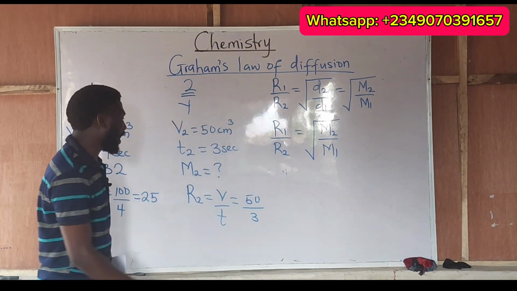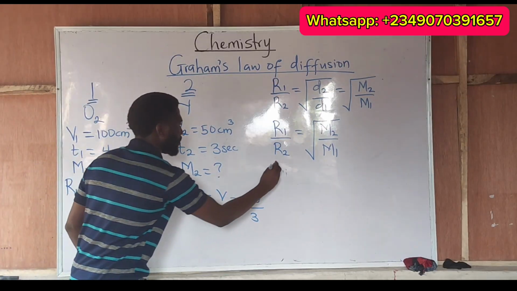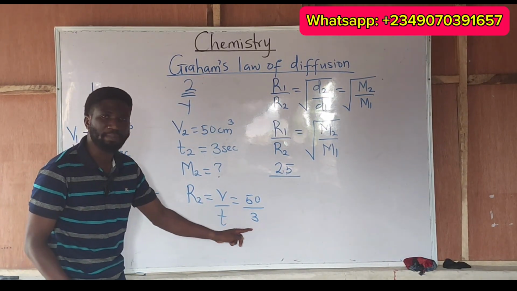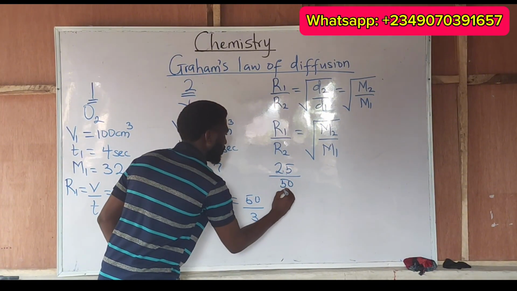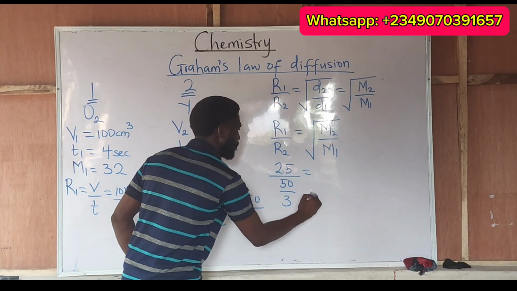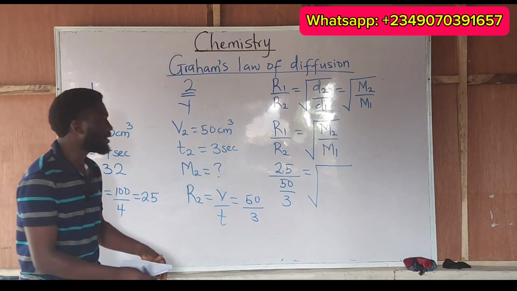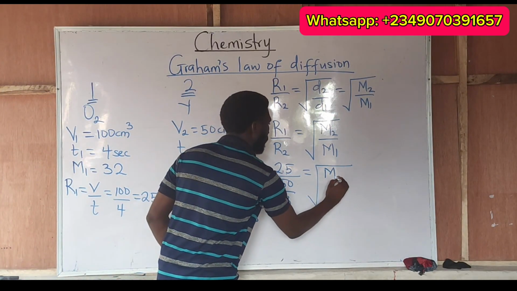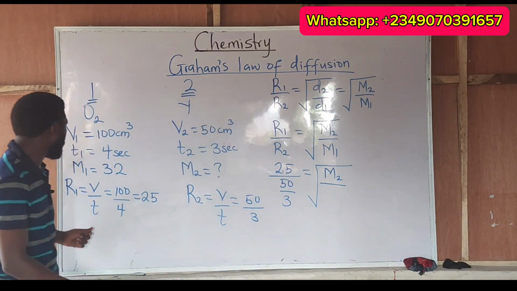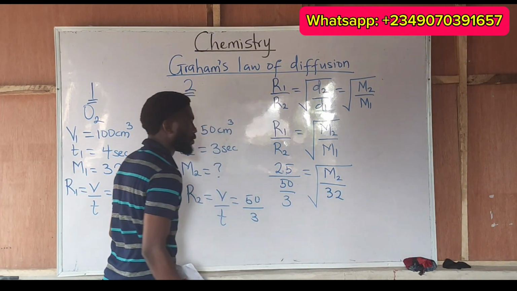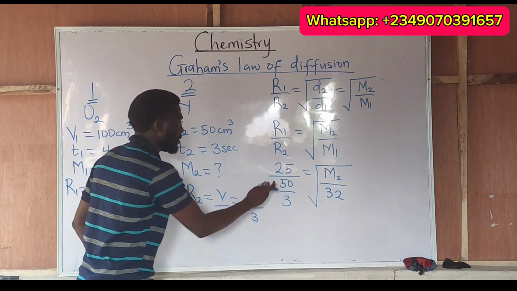R1 is 25 over R2, which is 50 divided by 3, equals the square root of M2, which is unknown, that is what we are looking for. And M1 here is 32.